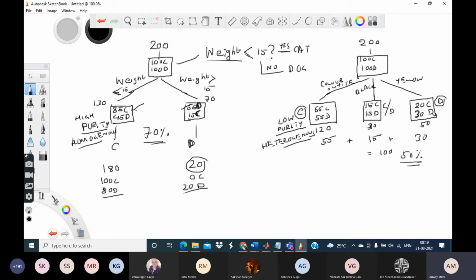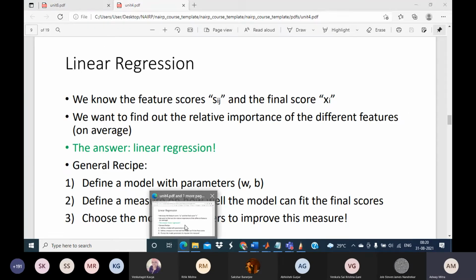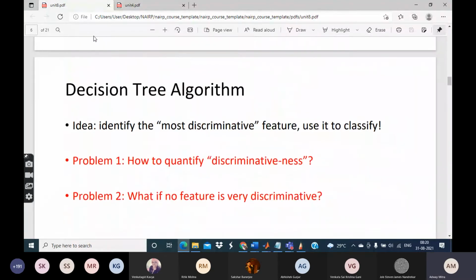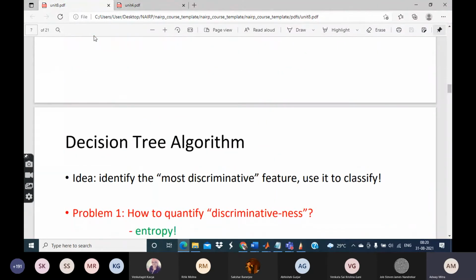How can I objectively, with the help of some mathematical quantity, claim that this is better than this one? We have to somehow quantify this mathematically if we have to develop the whole thing in the form of an algorithm. So the answer to this question is a quantity known as entropy.